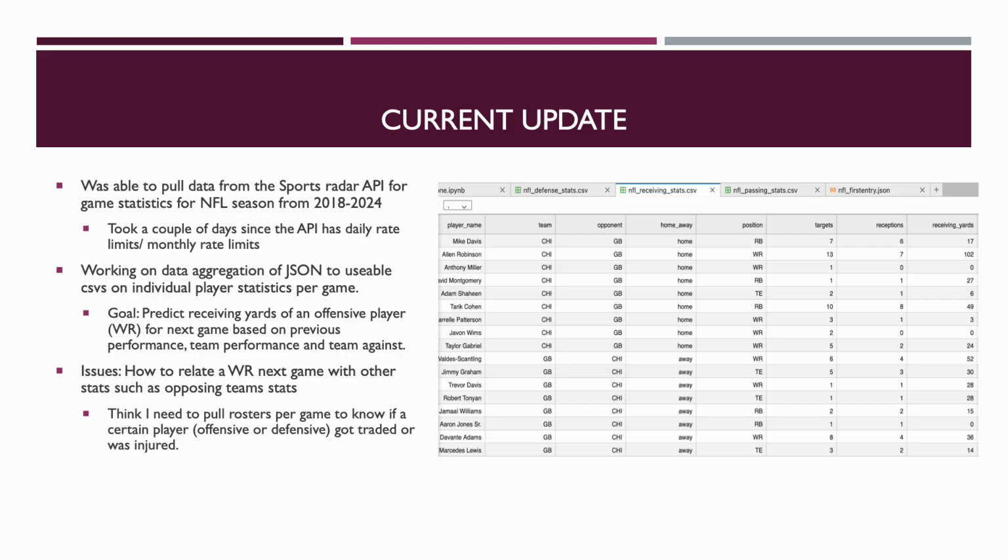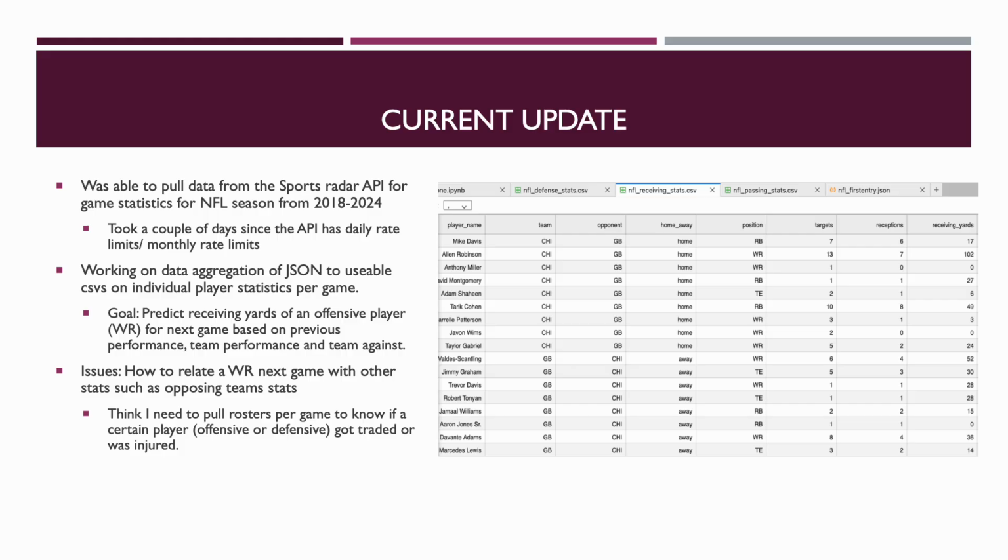So, for my data, I was able to pull data from the Sports Radar API, specifically for game statistics of NFL seasons from the year 2018 to 2024. This took much longer than I thought because Sports Radar API has a daily rate limit and monthly rate limits, so I was only able to make a certain amount of calls per day in order to get all the data I needed across all seasons.